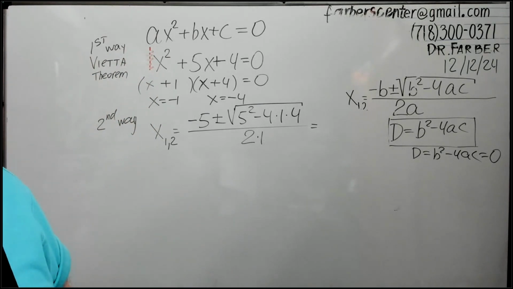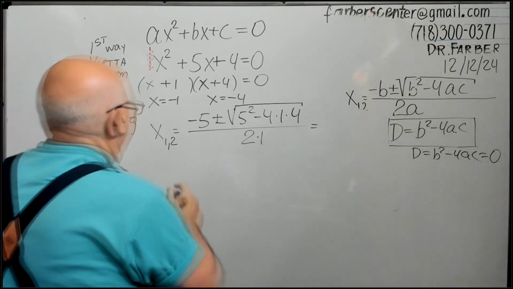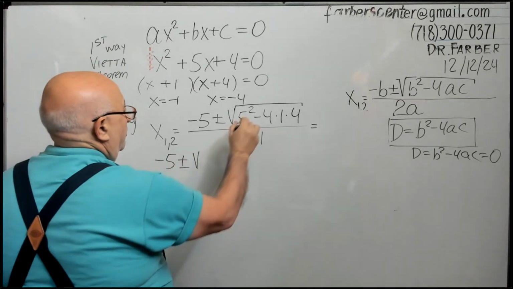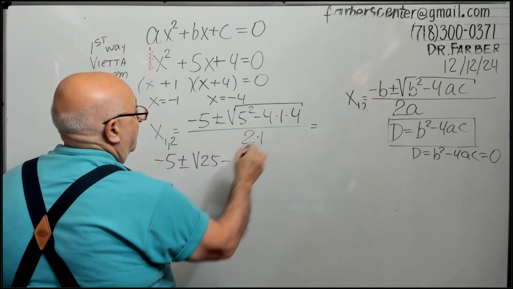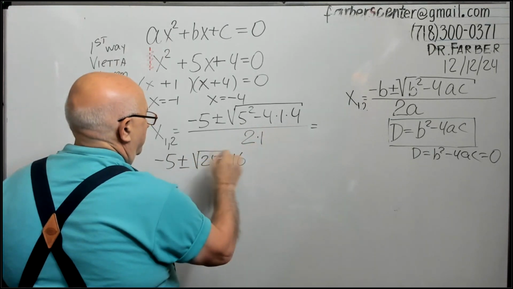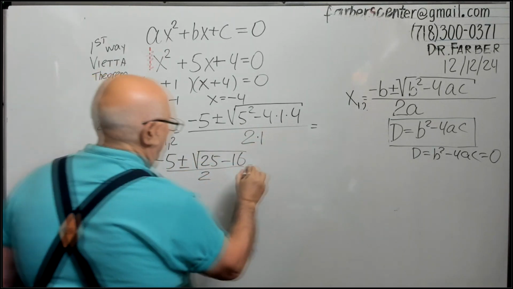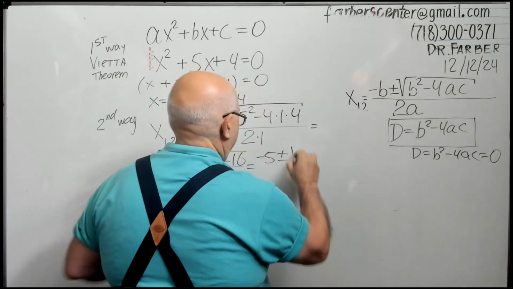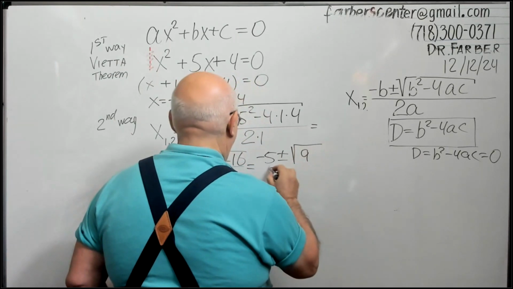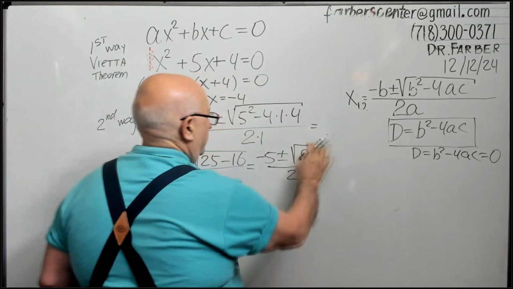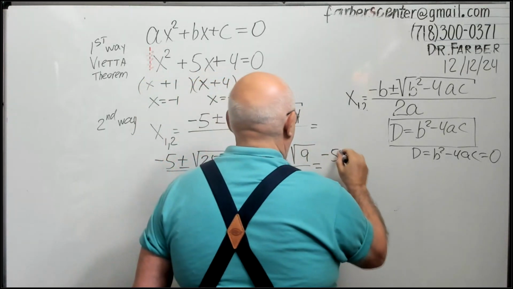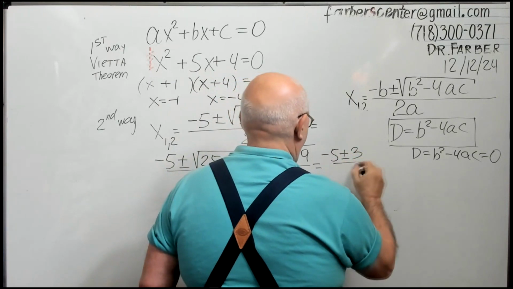Gabriel, you're not with me. Andrew, I need feedback from everybody instantly. Good. -5 plus minus square root of 25 minus 16, divided by 2, equals -5 plus minus square root of 9 divided by 2, equals -5 plus minus 3 divided by 2.